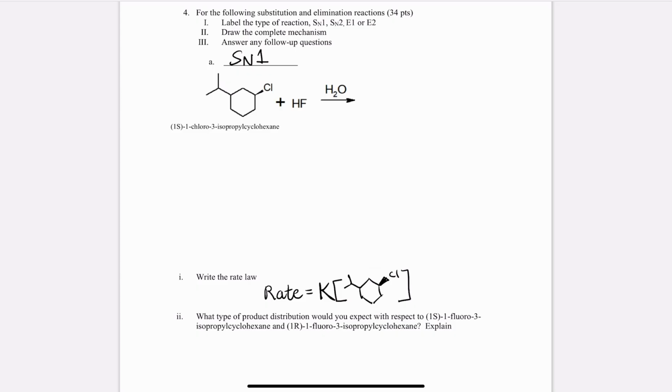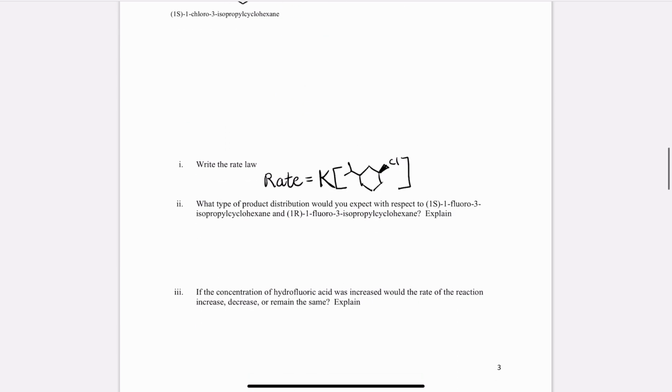If it were Sn2 or E2, it would be this, and it would be the nucleophile, plus whatever, because Sn2 would have to consider two things. Sn1 and E1 only have to consider one thing.